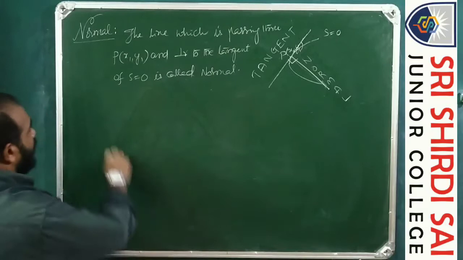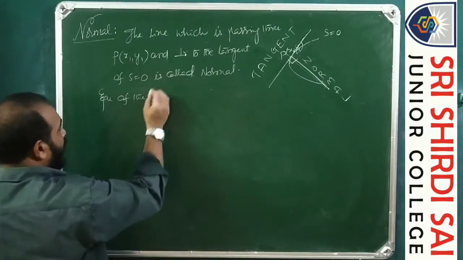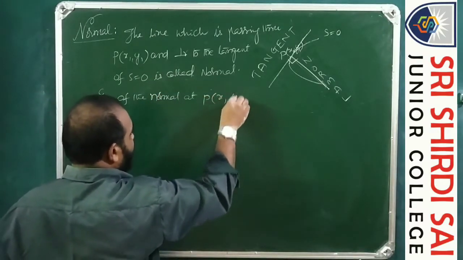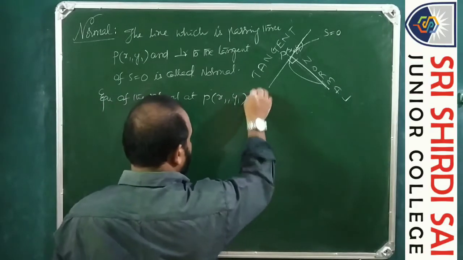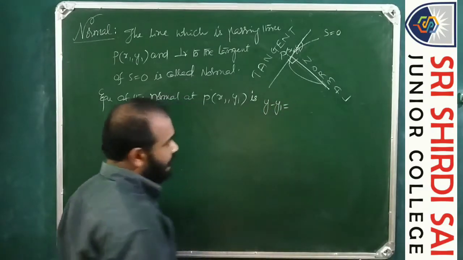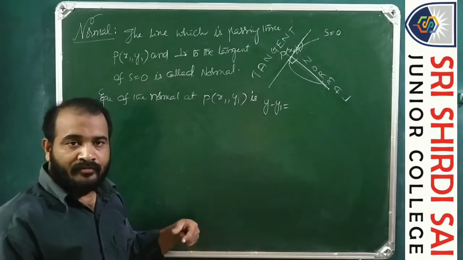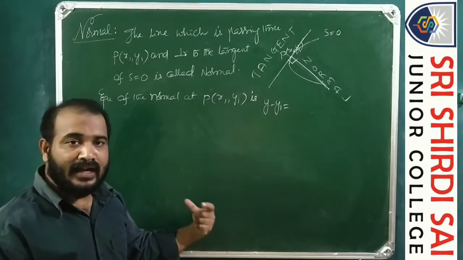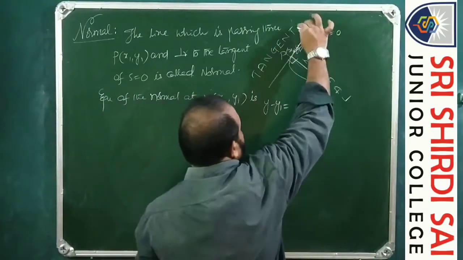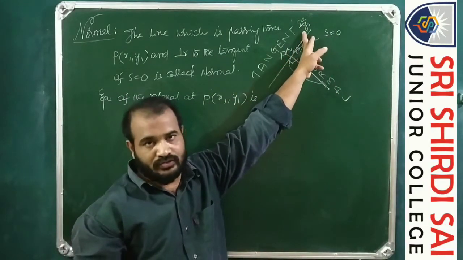Now the equation of the normal at P(x1, y1) is y minus y1 equals the slope into x minus x1. Earlier, 2a by y1 is what we got as the slope of the tangent at P(x1, y1).